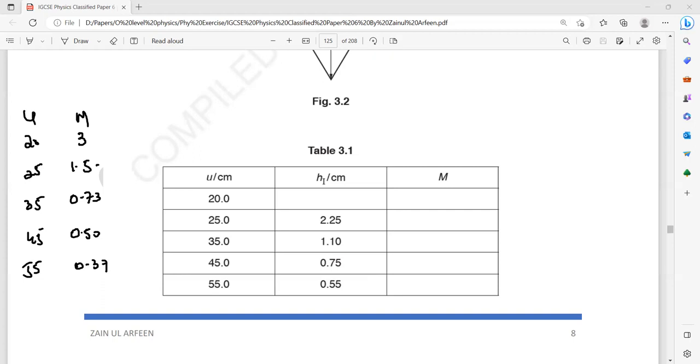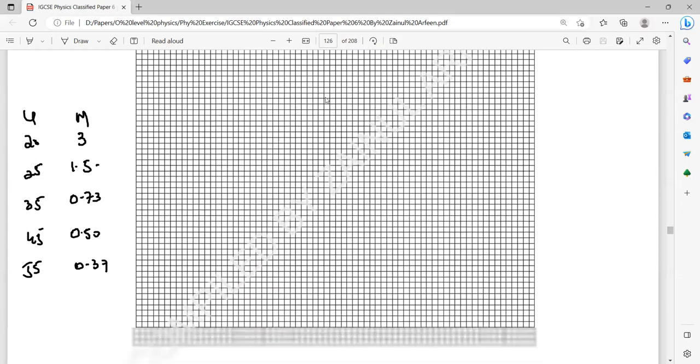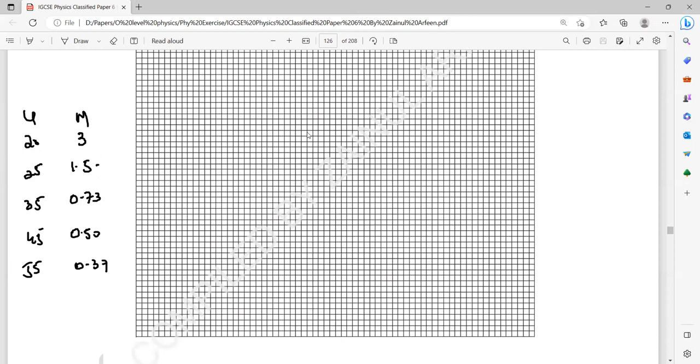Now we have to plot these results on the grid. As they did not mention where to start, the values for magnification have a maximum of 3 and a minimum of 0.3.